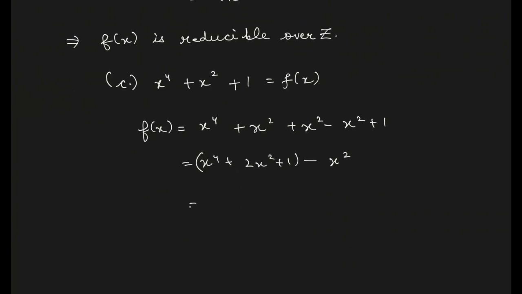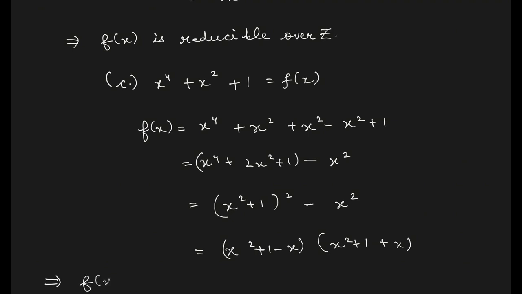So this first bracket is (x square plus 1) whole square minus x square. So a square minus b square identity. So (x square plus 1 minus x)(x square plus 1 plus x). So this is also a reducible polynomial over Z. So option C is also wrong.